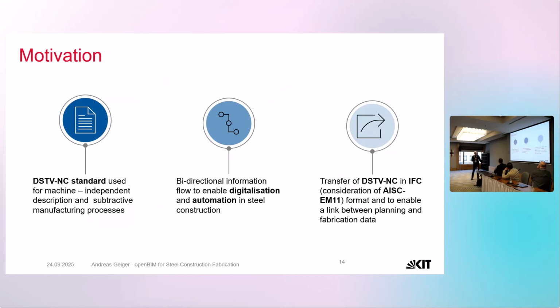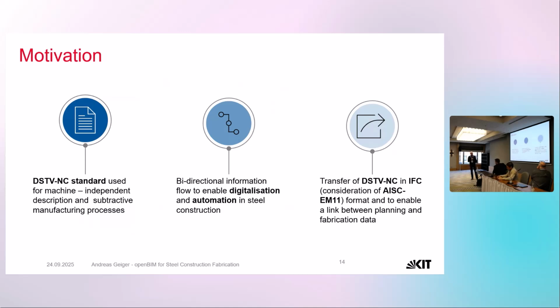So what was the motivation for that project? We have an existing standard, the DSTV NC, that is widely used, but it also has some limitations. And therefore we had this aim to bring DSTV into IFC.